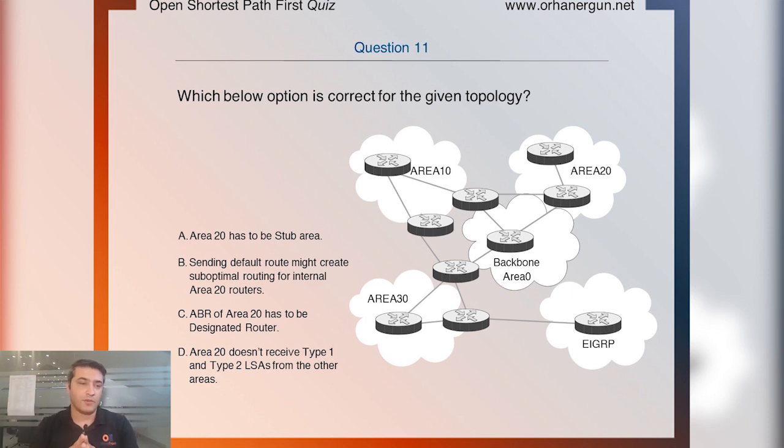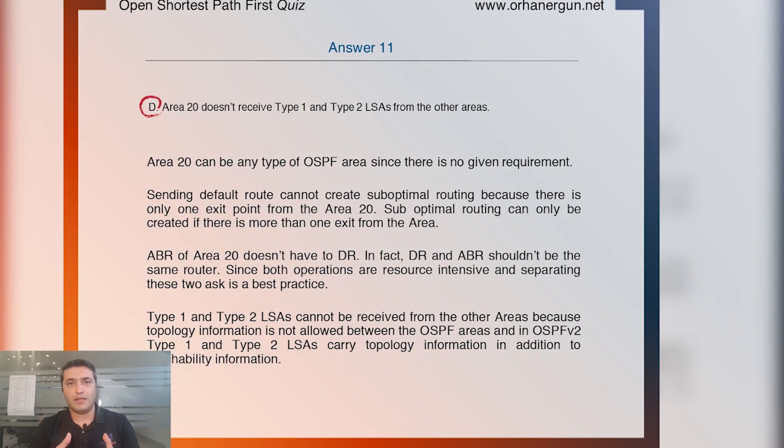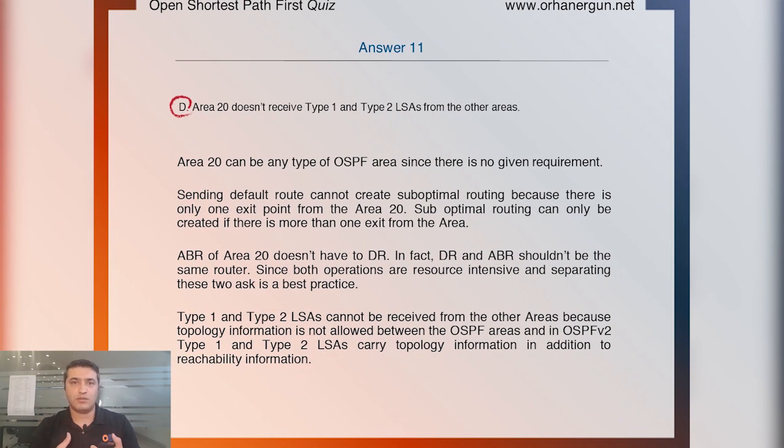You got my point? But here we have a single ABR connecting area 20 to the backbone area, so we don't have this problem anyway if we send a default route. Next, the ABR of area 20 has to be the designated router? No, there is no restriction. The ABR or any other router can be the DR, designated router.